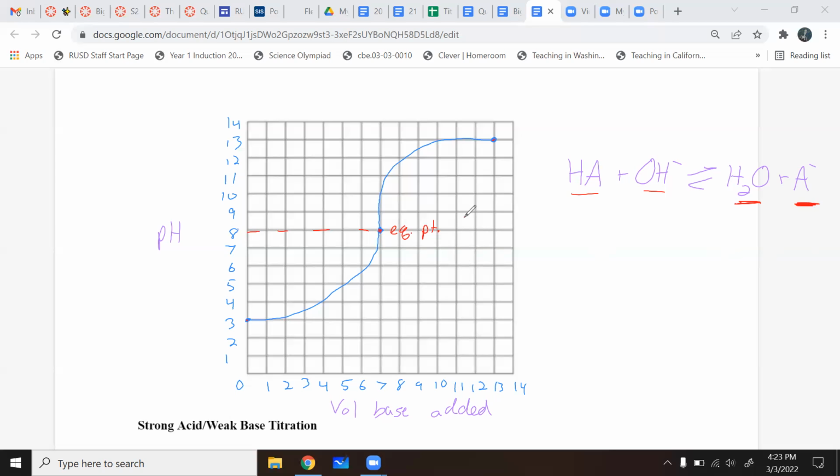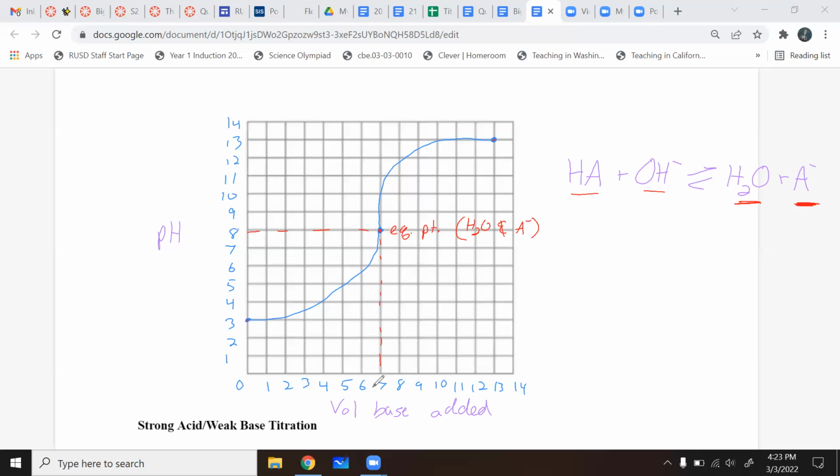So at your equivalence point, your most common things to find in that solution are going to be water and A minus. Those are the only two things that you're going to find in high concentrations there. So if we trace that down, we'll find the volume that it took to reach that equivalence point.